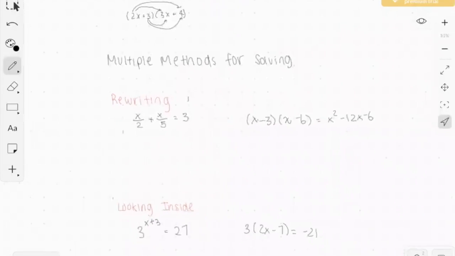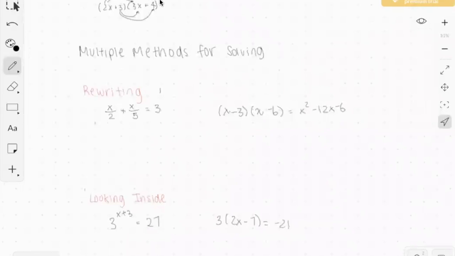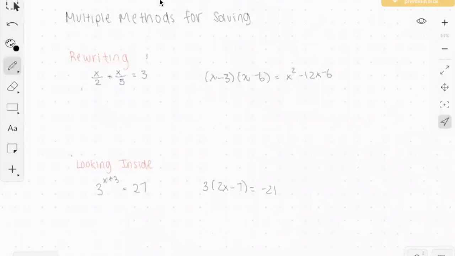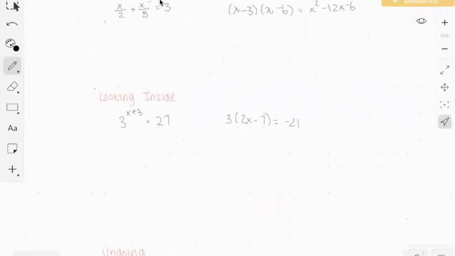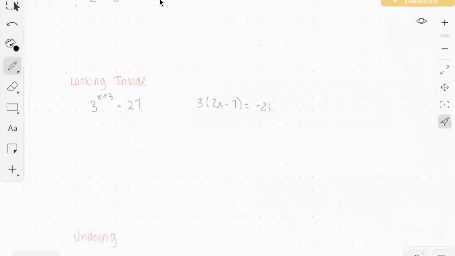So to go over what each of these basically do, rewriting is just rewriting the formula so it works out or it's easier to solve, or moving it around from alternating sides of the equal symbol. And then looking inside is basically just simplifying something, or looking inside a bracket, a larger number, a square root, and seeing how that can help you.